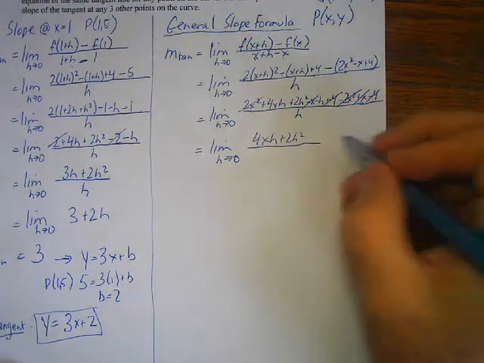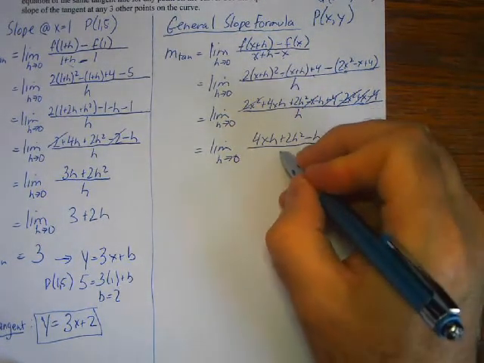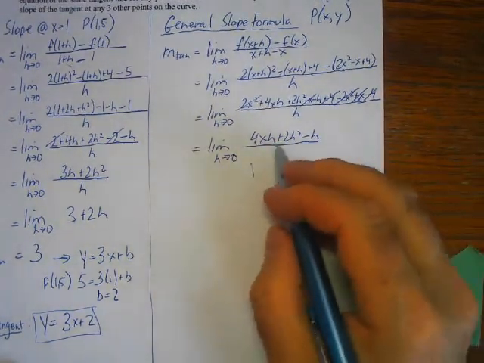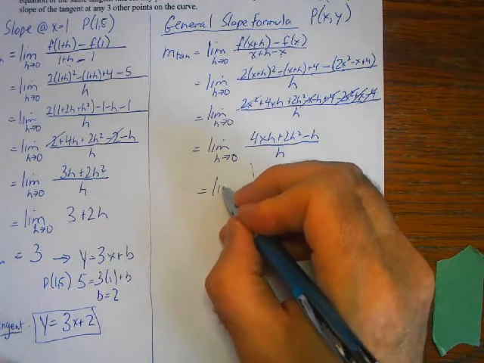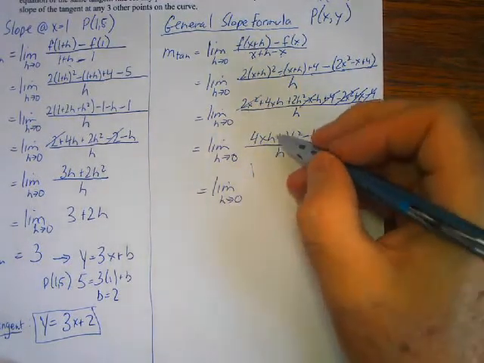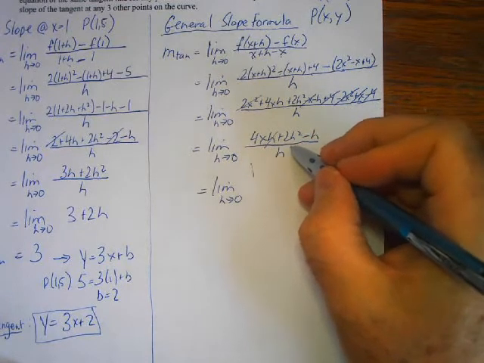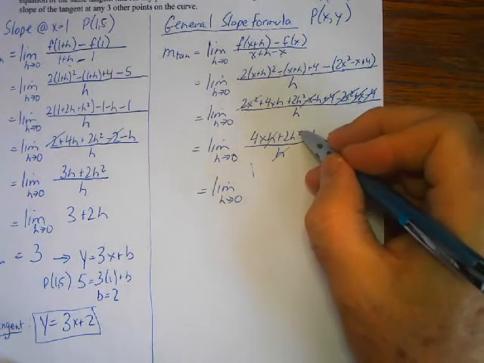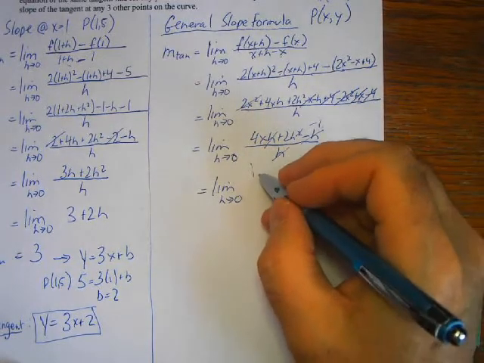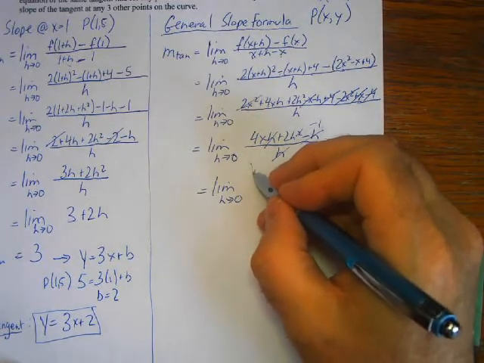And you can see every term on the top has an h. So I can divide the h out from the bottom, and I get, so that cancels, this becomes a minus 1. So I get 4x plus 2h minus 1.